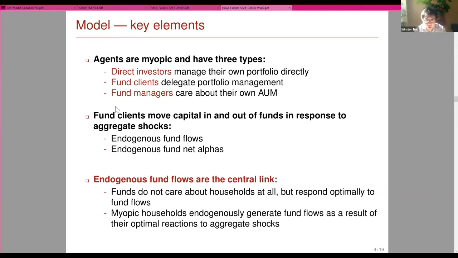Because although funds do not care about households at all, they respond optimally to fund flows, which are channeled endogenously by myopic households in response to the aggregate shocks. So here, the endogenous fund flows act as, what we call, invisible hands connecting the aggregate shocks that hit the households to the institutions' asset allocation and asset pricing behavior.